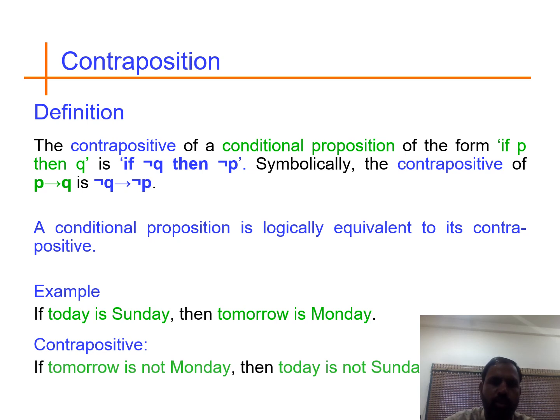Contrapositive, or contraposition. If we discuss the definition of contraposition, the contrapositive of a conditional proposition of the form if P then Q is if negation Q then negation P. Symbolically, the contrapositive of P implies Q is negation Q implies negation P. That is to say, you have to interchange the places of P and Q with the negation sign.